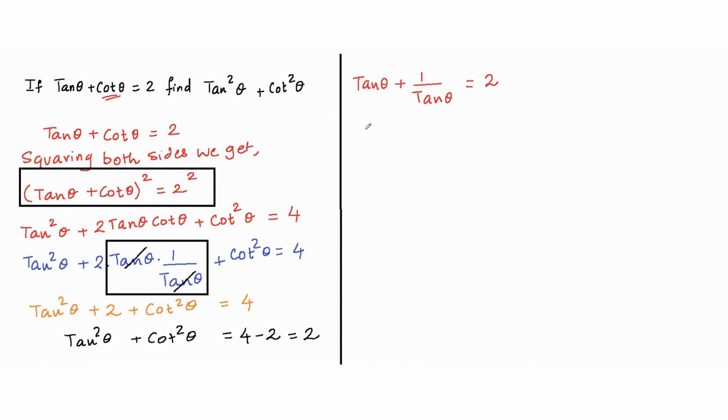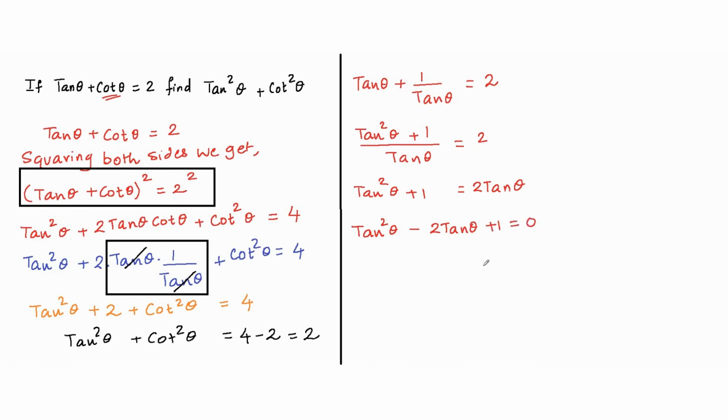Taking the LCM, I get tan square theta plus 1 the whole divided by tan theta is equal to 2. Shifting the tan theta to the other side, I get tan square theta plus 1 is equal to 2 tan theta. And therefore, I can shift the 2 tan theta to the left hand side, and I get tan square theta minus 2 tan theta plus 1 equals 0.